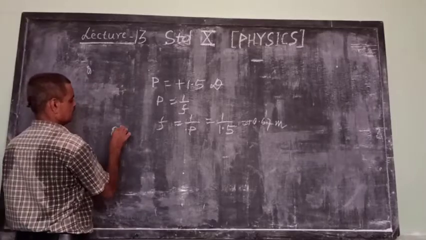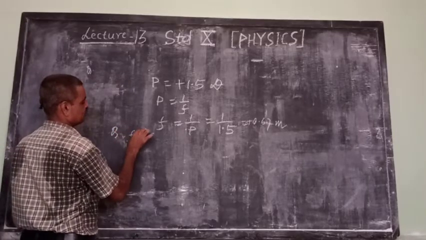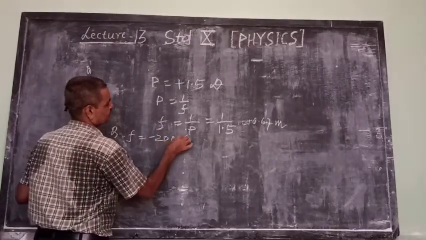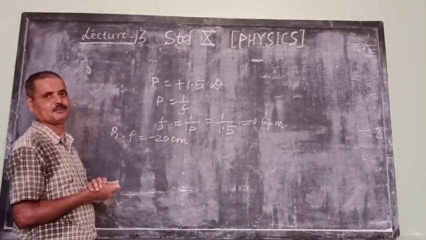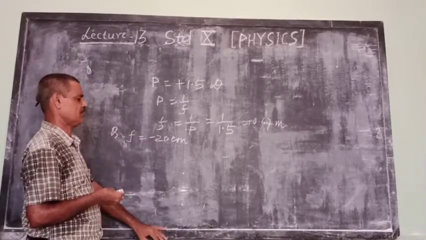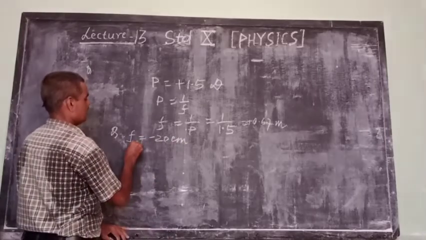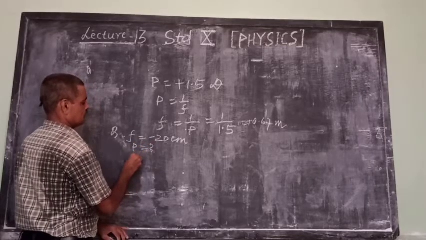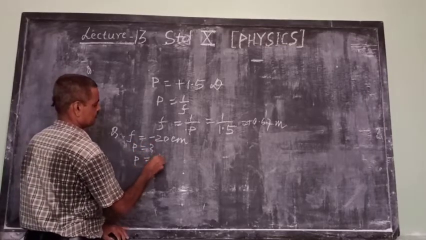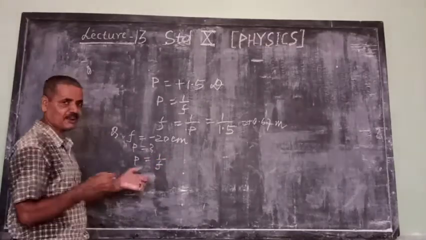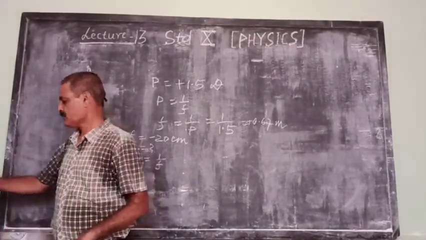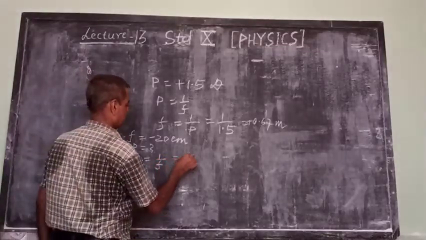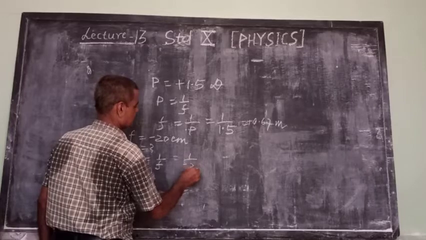Question is, if the focal length of a lens is minus 20 cm, the lens is concave. The focal length of a concave lens is 20 centimeter. Calculate the power of the lens. P is equal to 1 by F. Since the given lens is concave, it will be negative. It will be 1 by minus 20.